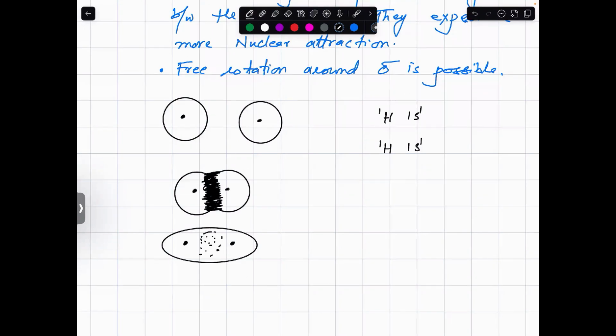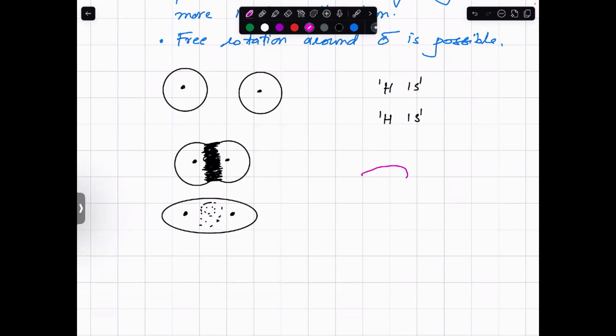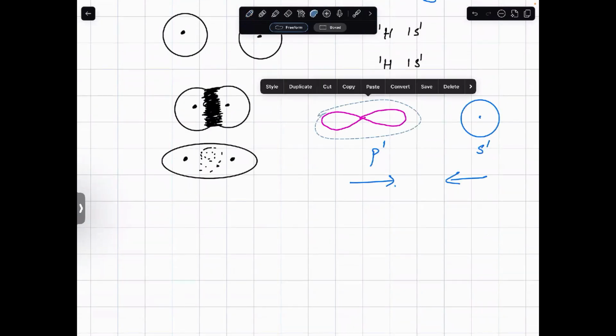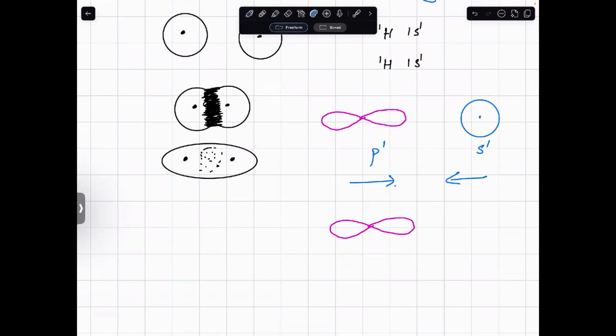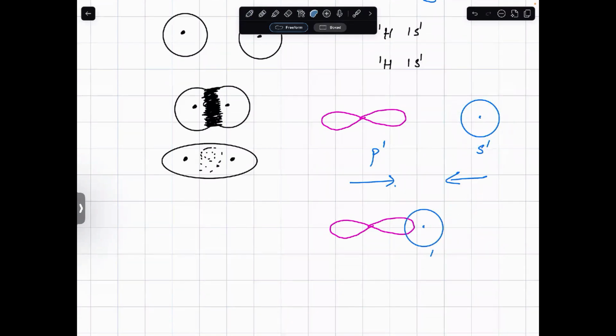Now suppose one is a p orbital. This is a p orbital and this is an s orbital. S is spherical. P is dumbbell. They're coming closer, and they will overlap like this.